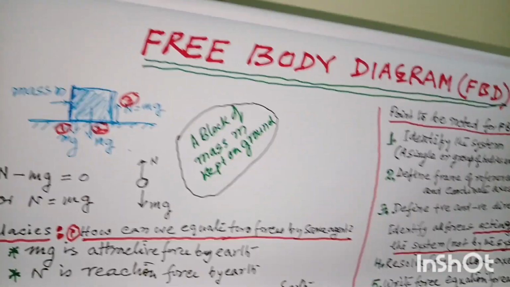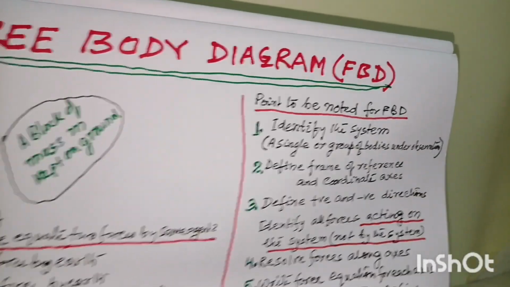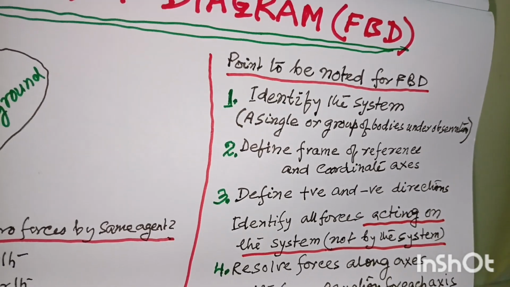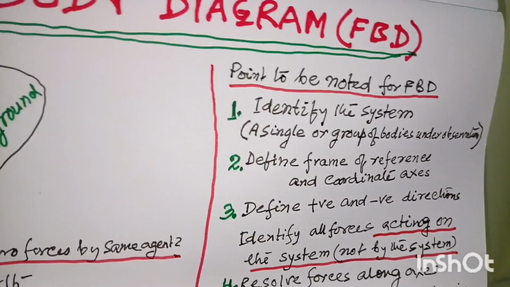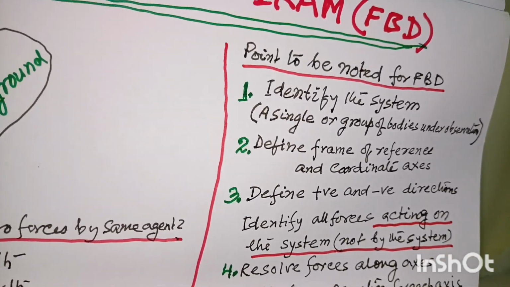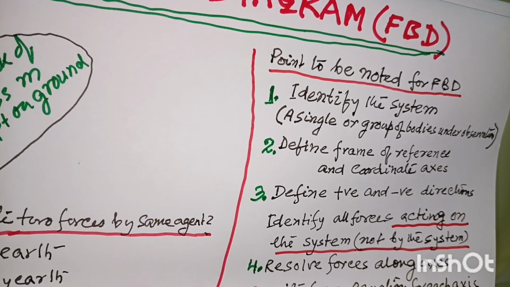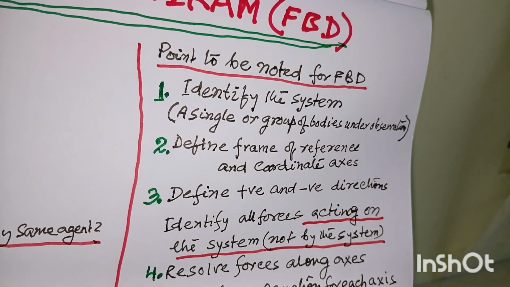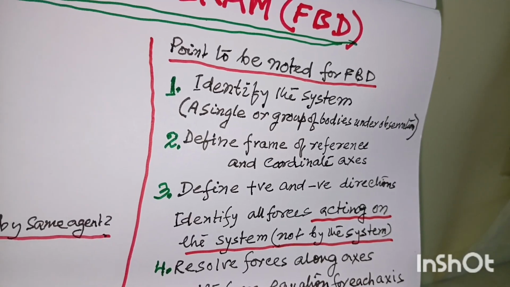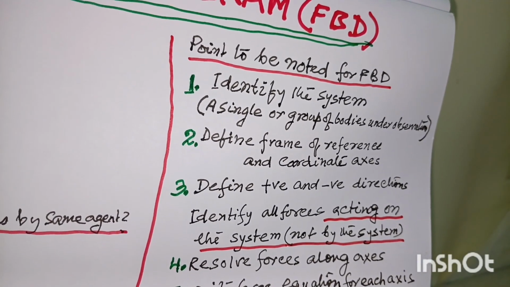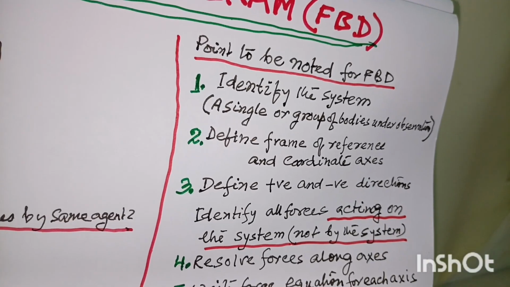So for your benefit, I have formulated a few points. If you follow these very religiously, then you will have no problem in making a free body diagram, because I have seen many students making free body diagrams, but they are not following the basic rules. So what are the basic rules? Number 1, you first identify the system.